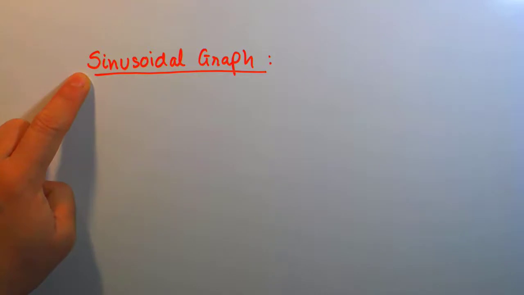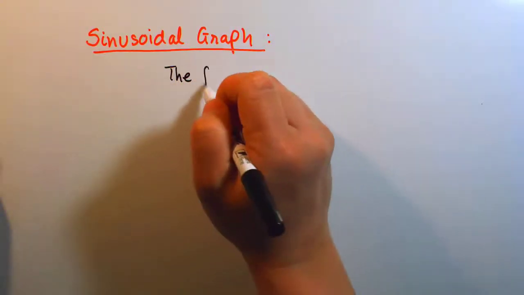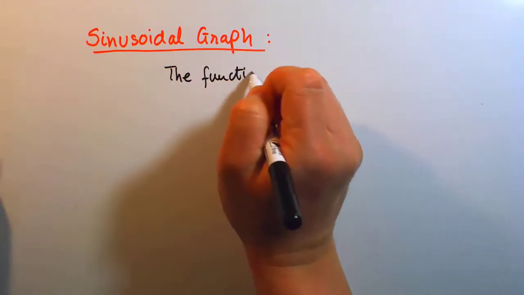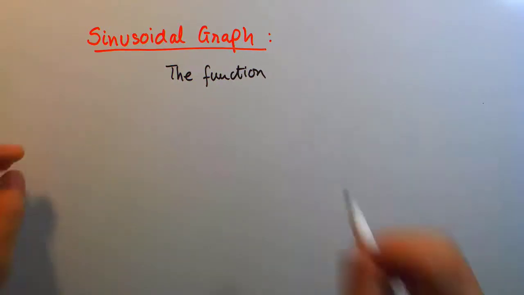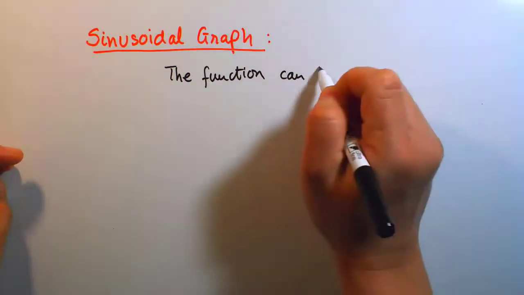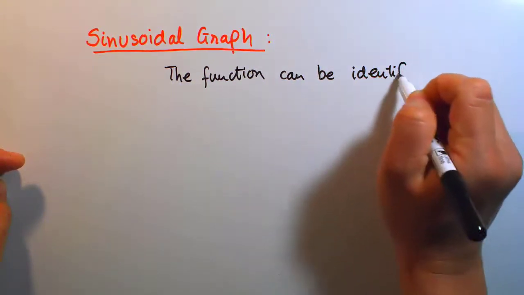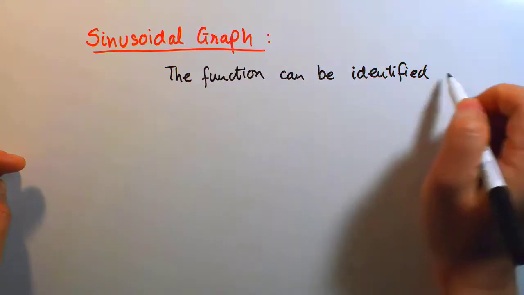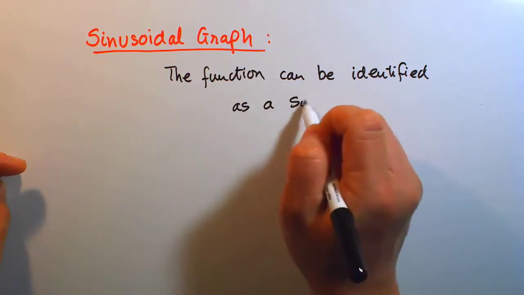So think about a sinusoidal graph like what we have on screen here. The critical thing to remember about a sinusoidal graph is that the function that gives this graph can be identified as a sine function.